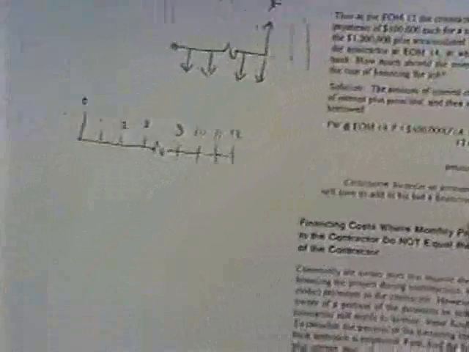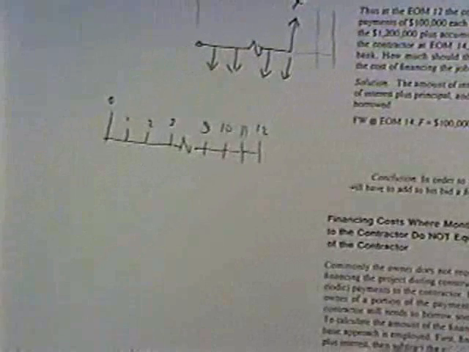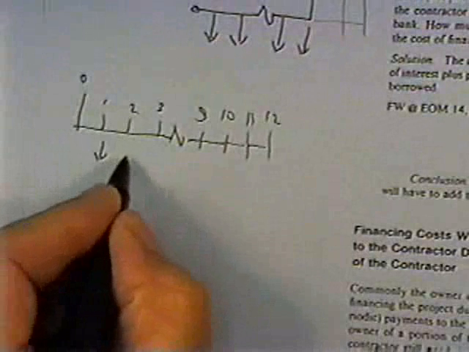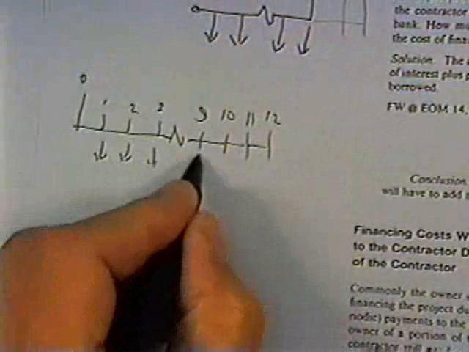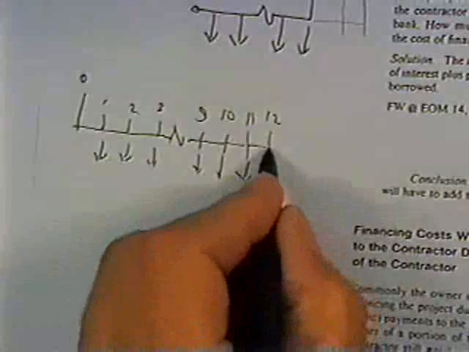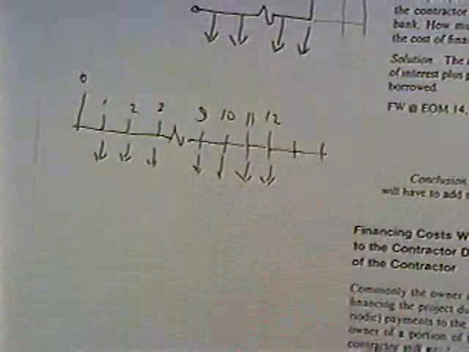Okay, excuse me. Now what we've got is we're borrowing this money at every one of these months through month 12. But there's a month 13 and a month 14.